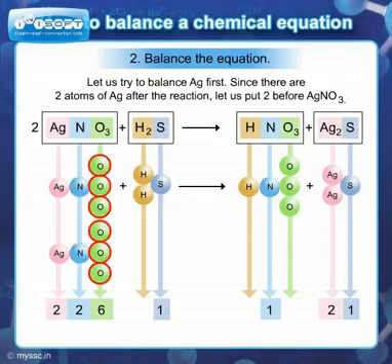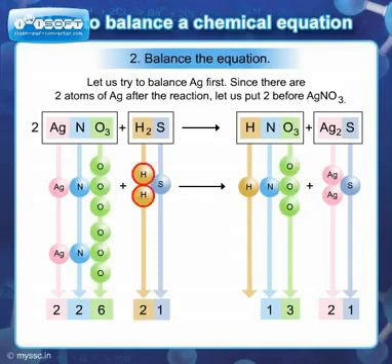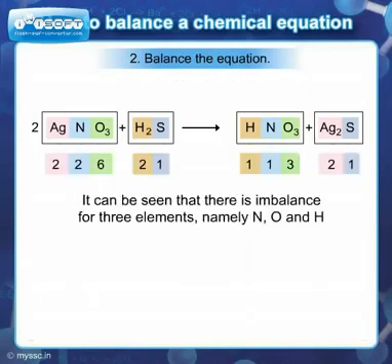Similarly, there are 6 atoms of O in reactants and 3 atoms of O in products. Also, there are 2 atoms of H in reactants and 1 atom of H in products. All other elements have equal number of atoms in reactants and products. Thus, there is imbalance for 3 elements, namely N, O, and H.